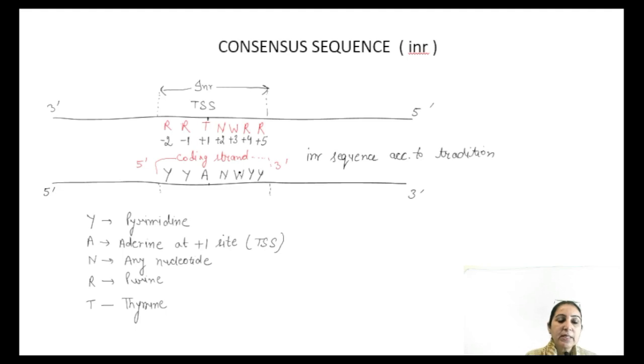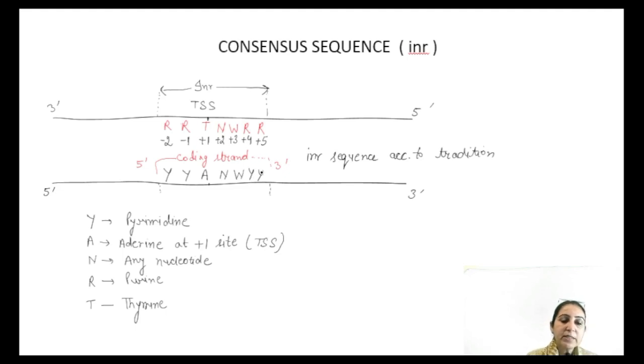Because A and T, these two nitrogenous bases, are attached to each other with the help of 2 hydrogen bonds, and G and C are attached to each other with the help of 3 hydrogen bonds. So, all those nucleotides which contain adenine or thymine as their nitrogenous base can be called the weak nucleotides. So, here will be either A or T.